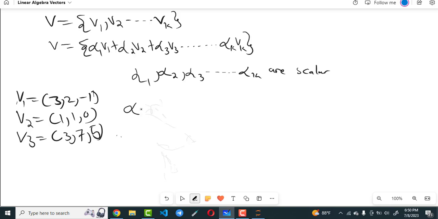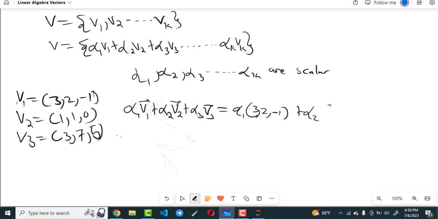We can have alpha 1 V1 plus alpha 2 V2 plus alpha 3 V3, and all these are position vectors, equal to alpha 1 times (3, 2, minus 1), plus alpha 2 times (1, 1, 0), plus alpha 3 times our last vector V3, which is (3, 7, 5).